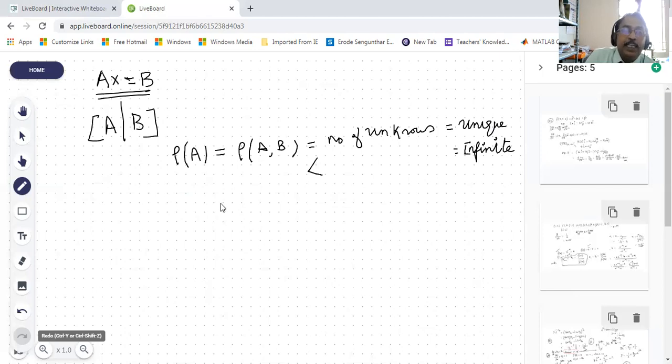If the ranks are not equal, there is no solution. For a homogeneous equation, the determinant is equal to 0. Likewise, please learn all the things pertaining to this.